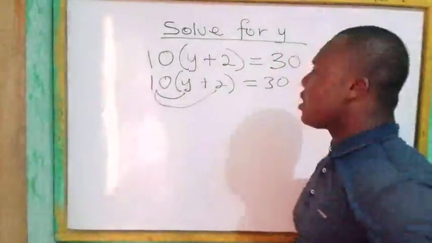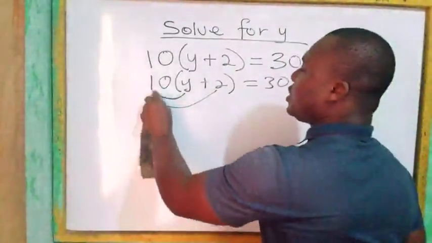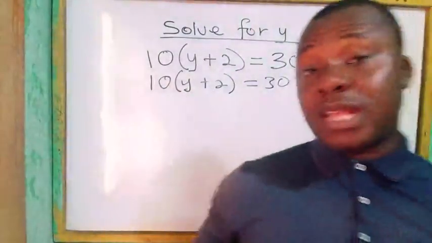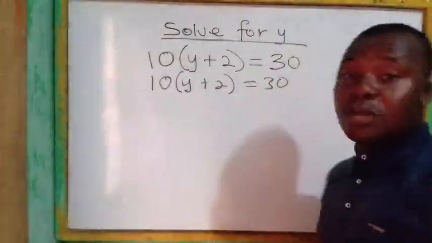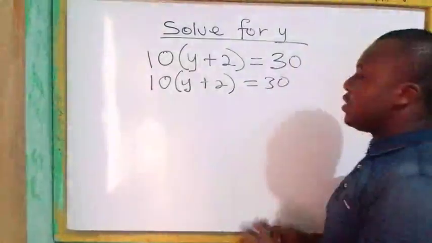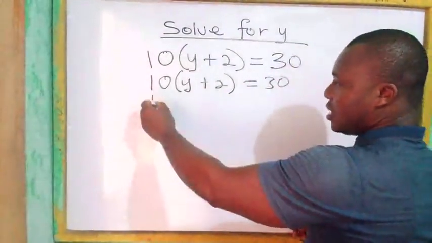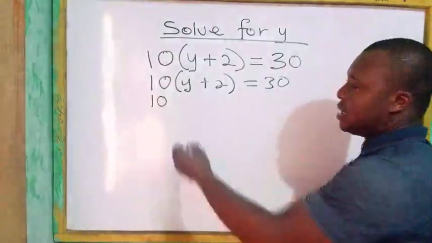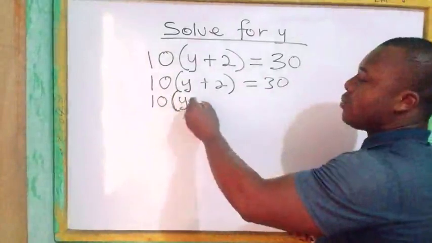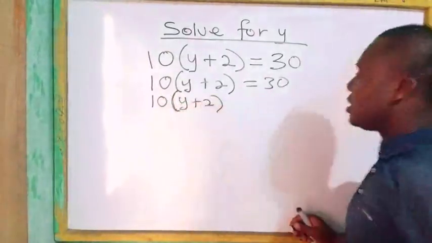From here, if you don't want to spend a whole lot of time on this simple calculation, what you do is restate this side so that you have 10 into bracket open y plus 2 bracket close.